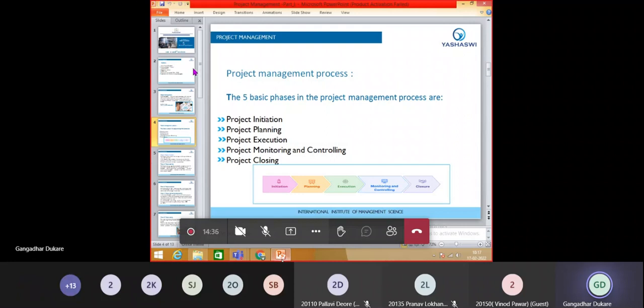Sir, project initiation is the first stage of any project, which converts our idea into a meaningful goal. Okay, ideas converted into a meaningful goal.